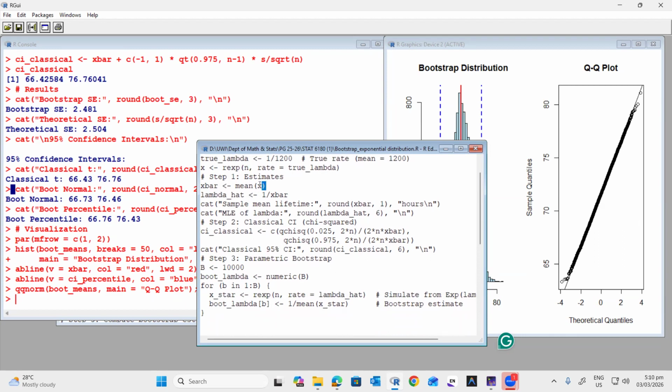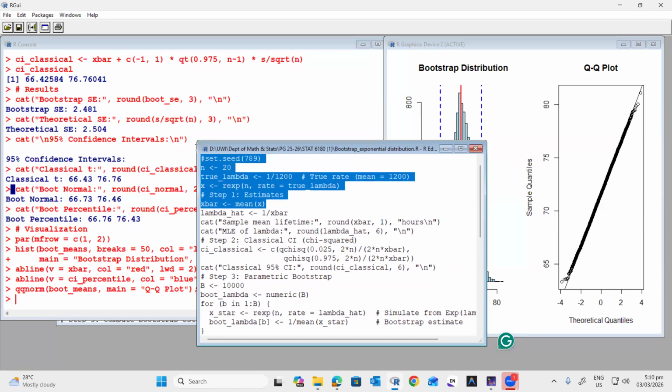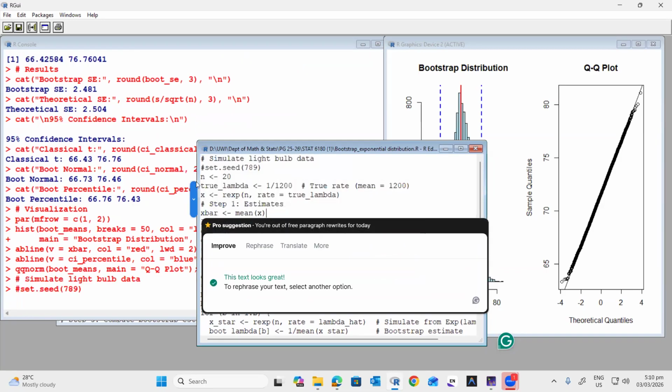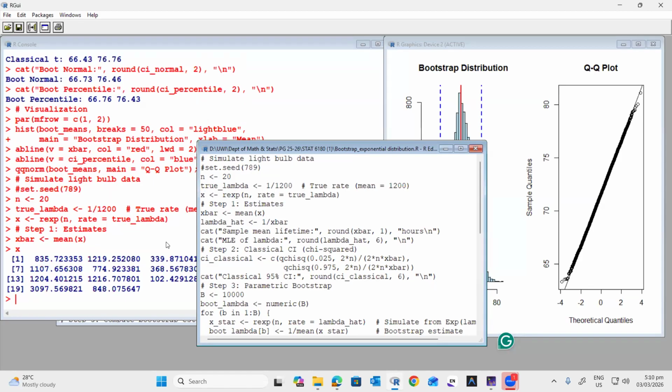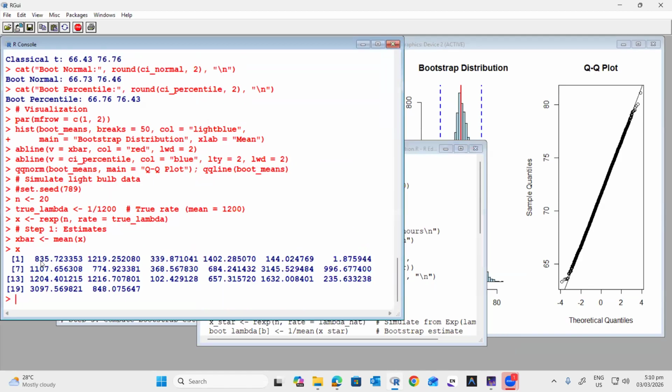So lambda is the true lambda, that is 1 upon 1200. So we need to find the mean of the generated x. So here we are going to do that. So we had these values of x. All right, so these 20 values we will use as our population here.